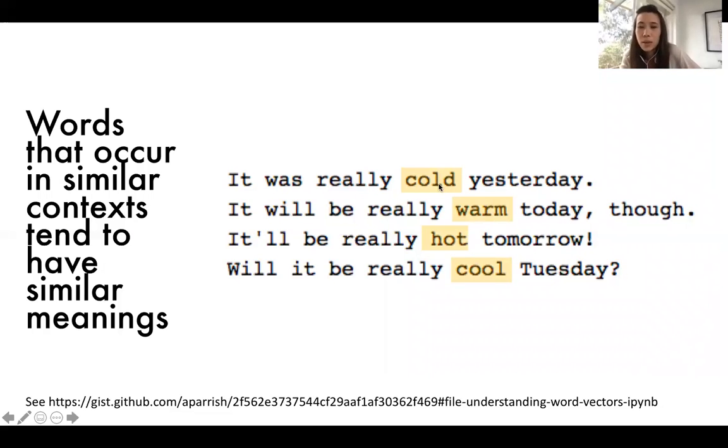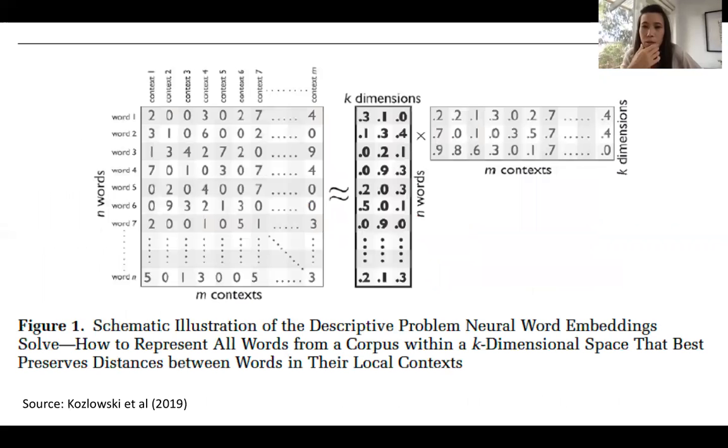Here they occur between the word really and a word relating to a particular day. Similarly, the words yesterday, today, tomorrow, Tuesday are also likely to be related because they appear in the same kind of context.